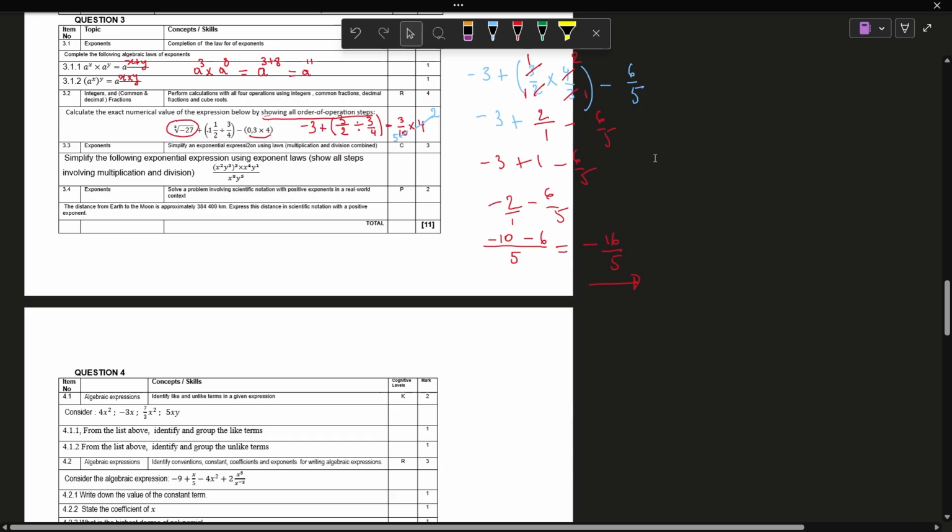Now, suppose you could also have used your calculator to help you do the same order of operations. So let me just delete this. Okay. I think the first thing you would do is to calculate this first order of operation.